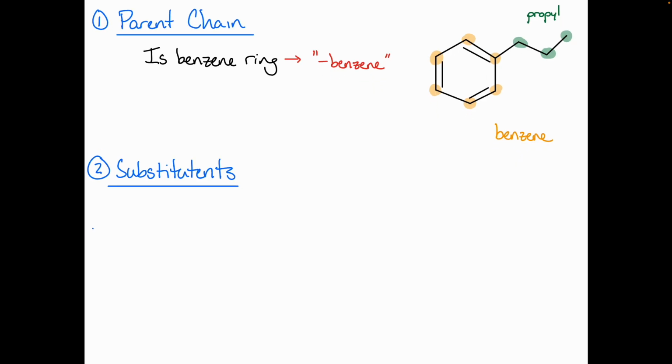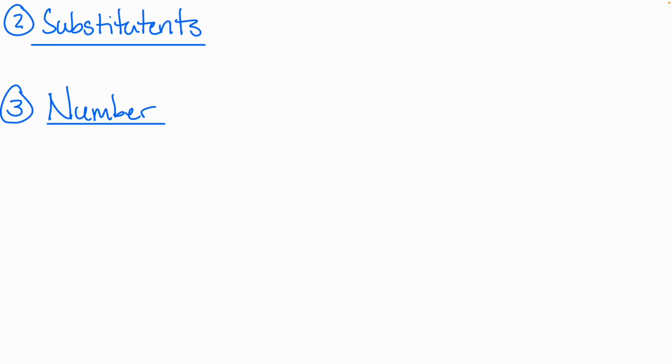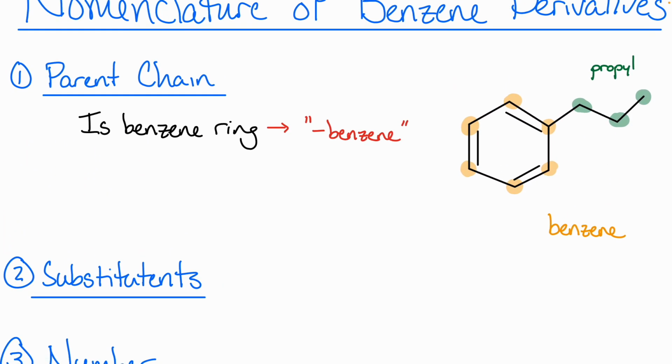All right, but now we're going to get to the numbering of our parent chain. And this is where things get a little weird for benzene. First of all, this example would be a mono-substituted benzene ring. There's only one substituent on there. If we're going to number this carbon with our propyl substituent on it, what number are we going to give it? 1. If we moved our propyl group over here, what number would we give it? 1.